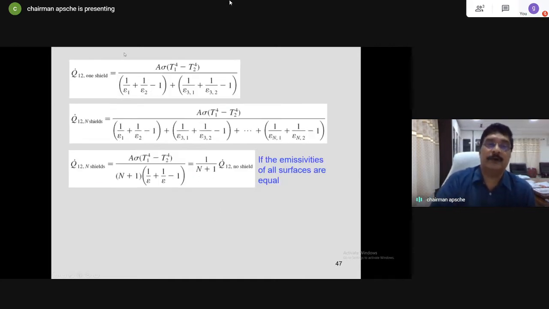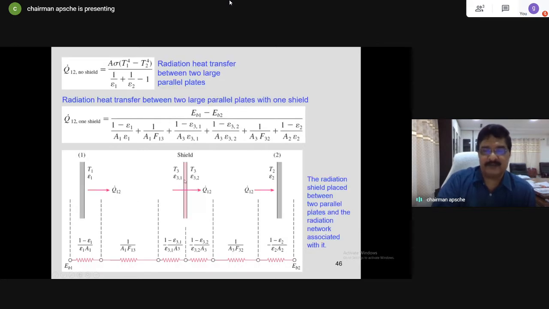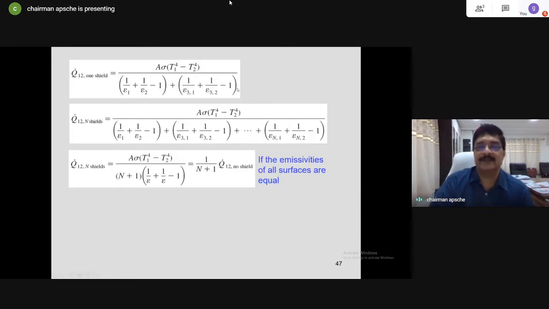So now with one shield, you have one more resistance coming into the picture. These are two large parallel plates, and these are two large parallel plates. So these three resistances and these three resistances all act in series, and therefore this becomes this.